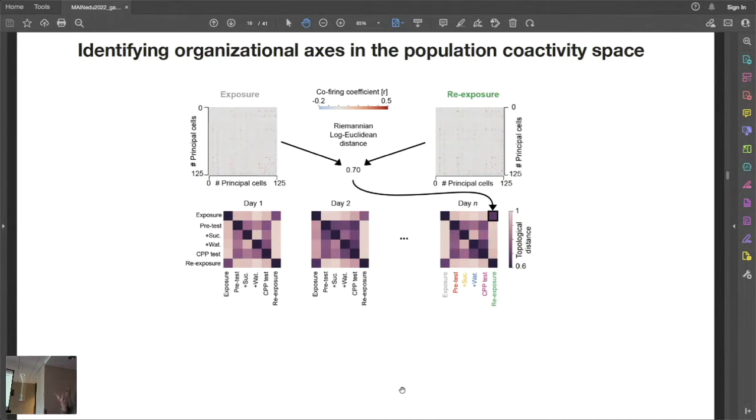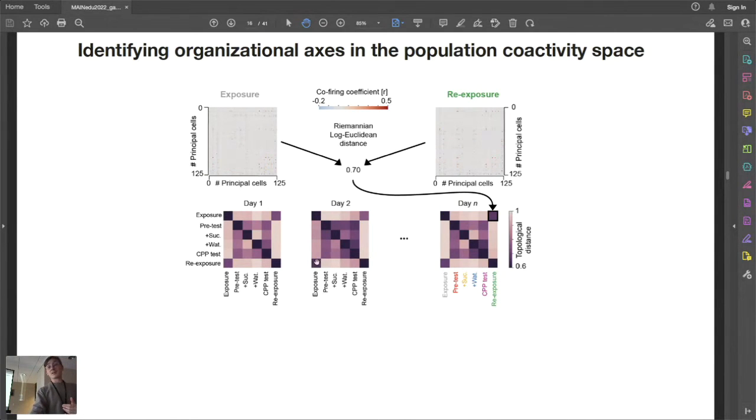Now, to take a closer look at the structure of this firing and these representations, here I took a distance measure between two co-firing matrices, and the co-firing matrices represent the actual environments.